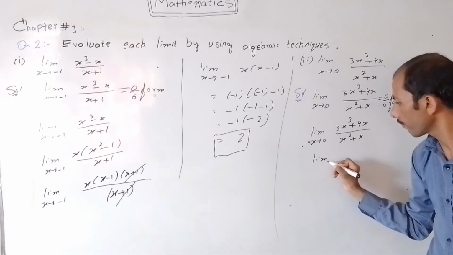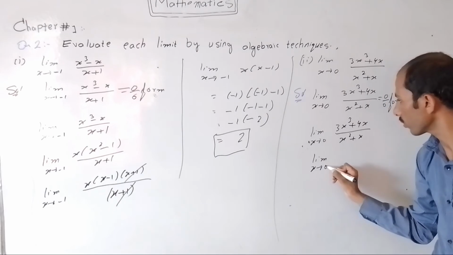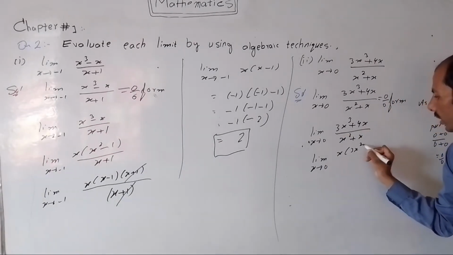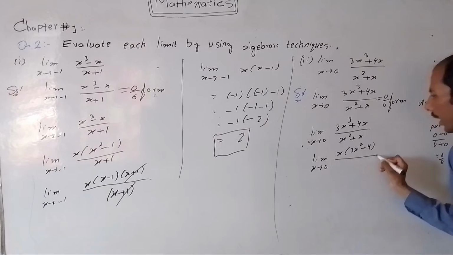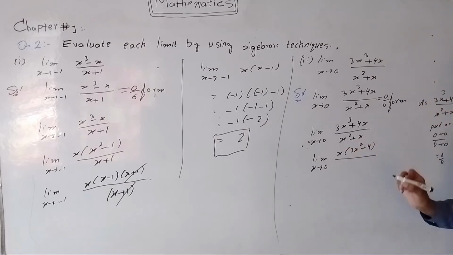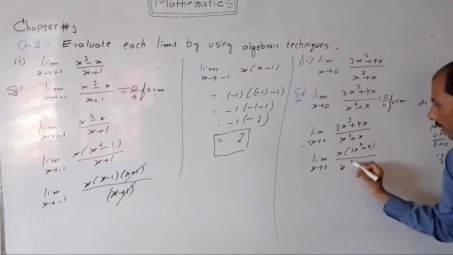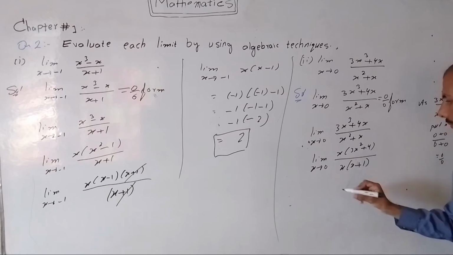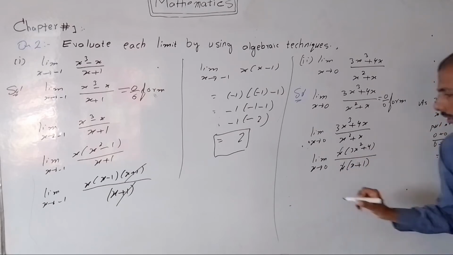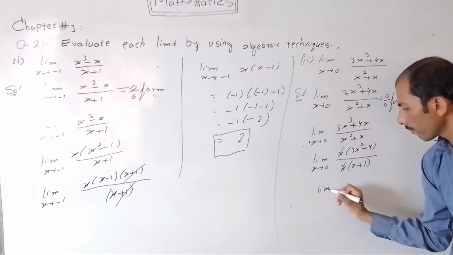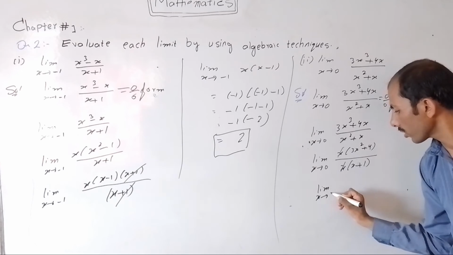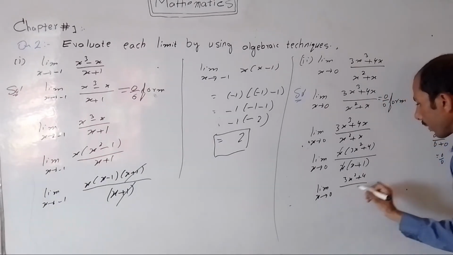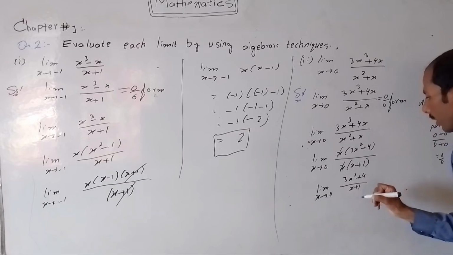Limit x approaches to 0, take common x, 3x square plus 4 divided by, take common x, so x plus 1, x cancel. Limit x approaches to 0, 3x square plus 4 divided by x plus 1.